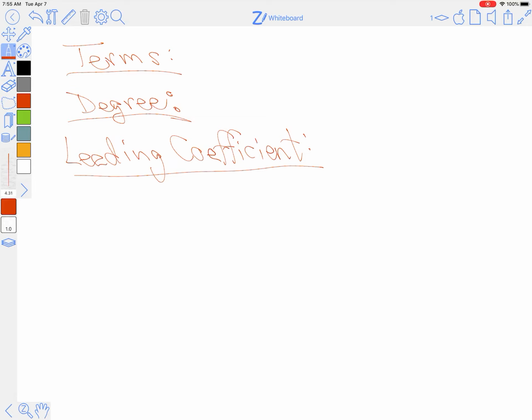And we'll talk a little bit about what standard form means. So let's just make one of these up here. 3x plus 4 minus 6x squared.